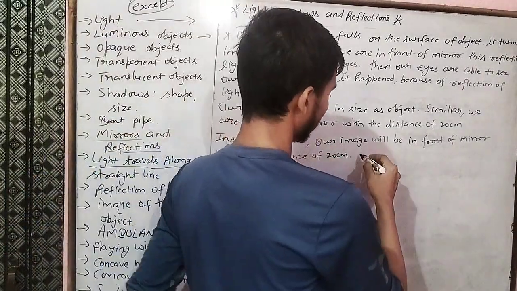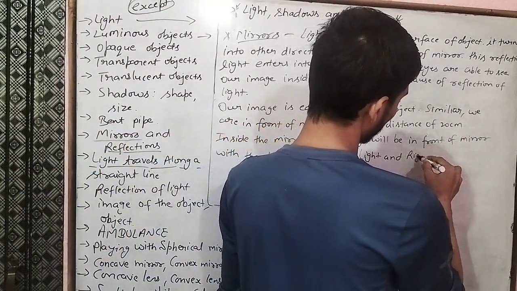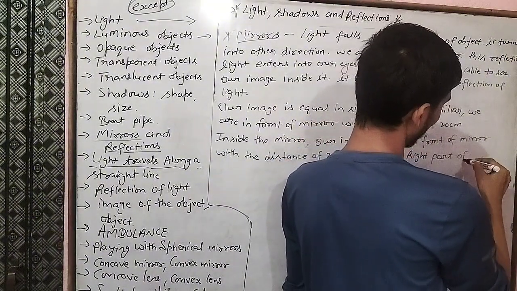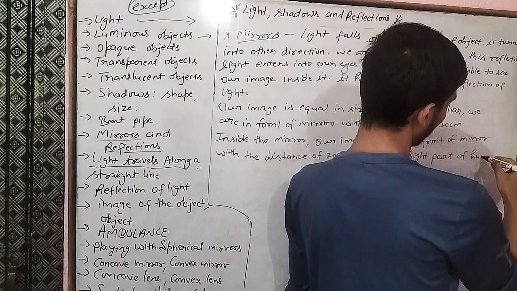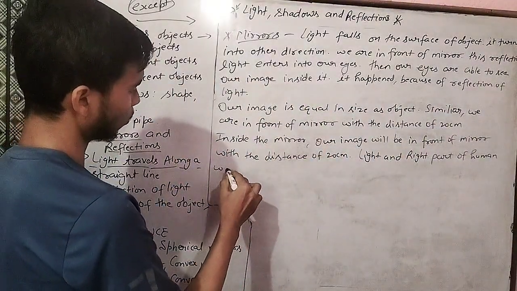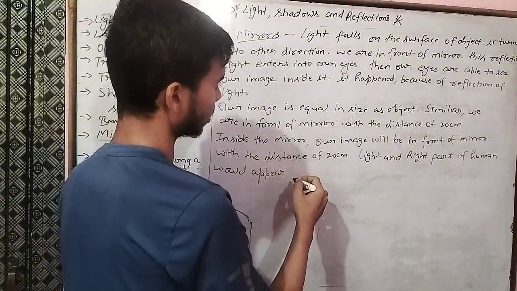The left and right parts of a human would appear opposite.